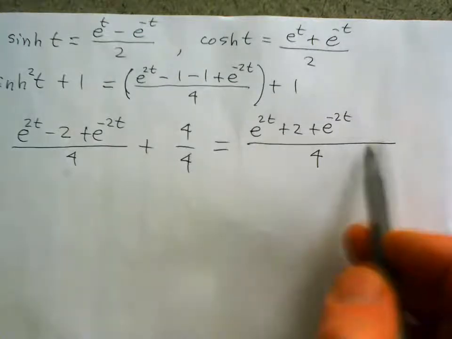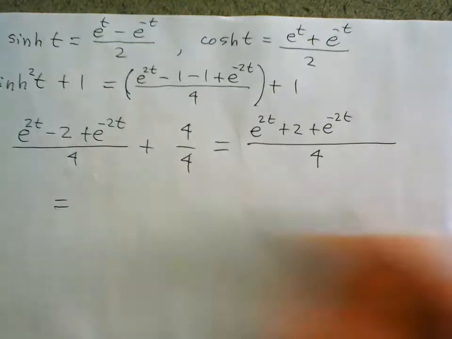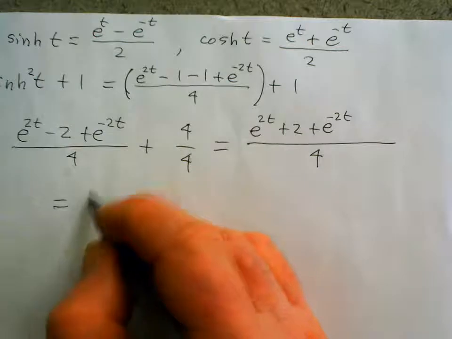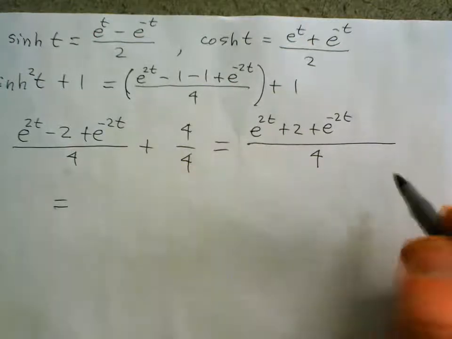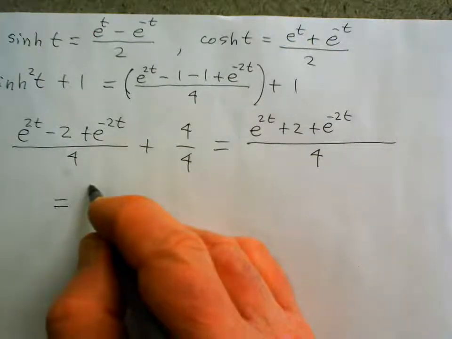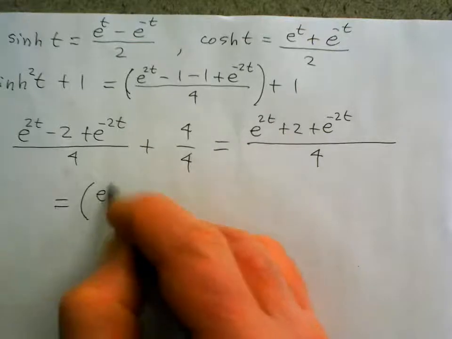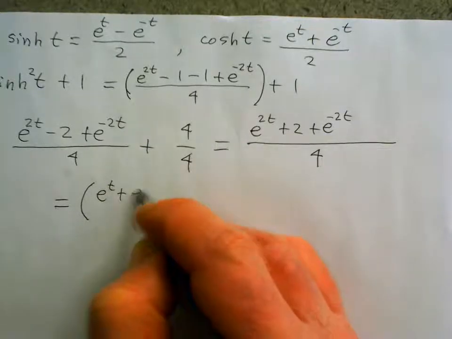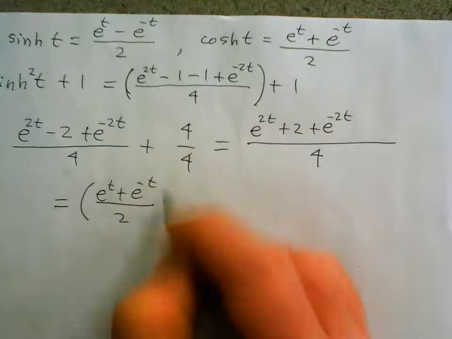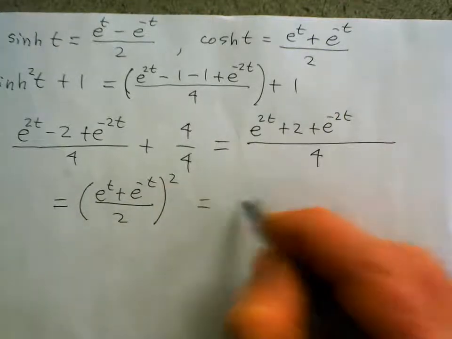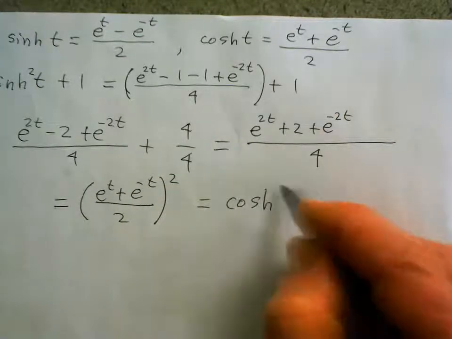And this is just equal to e to the t plus e to the negative t over 2 squared, which is what hyperbolic cosine of t is.